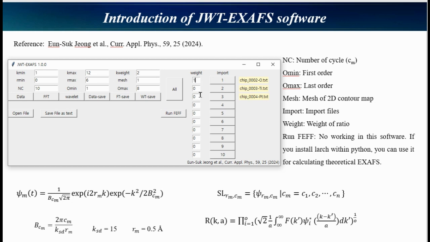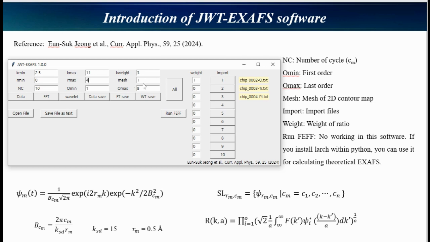And then I want to change the k range and r range. K min 2.5 and k max 11, and then weight maybe 3. It's okay. And then in r space, the r maximum also 4.